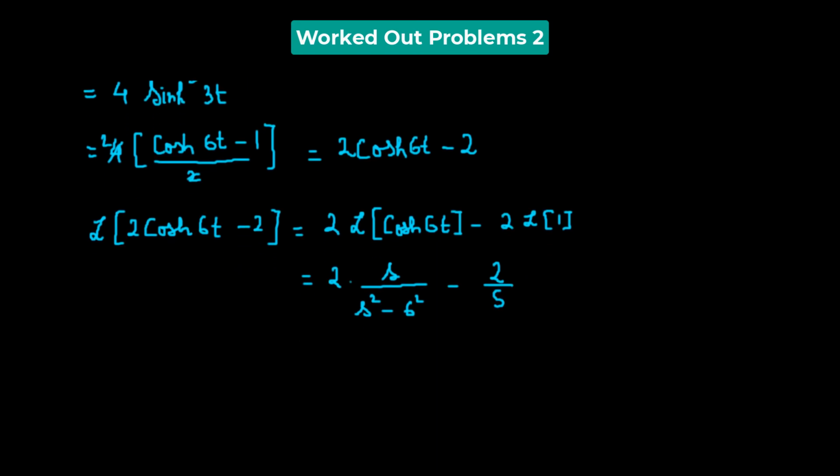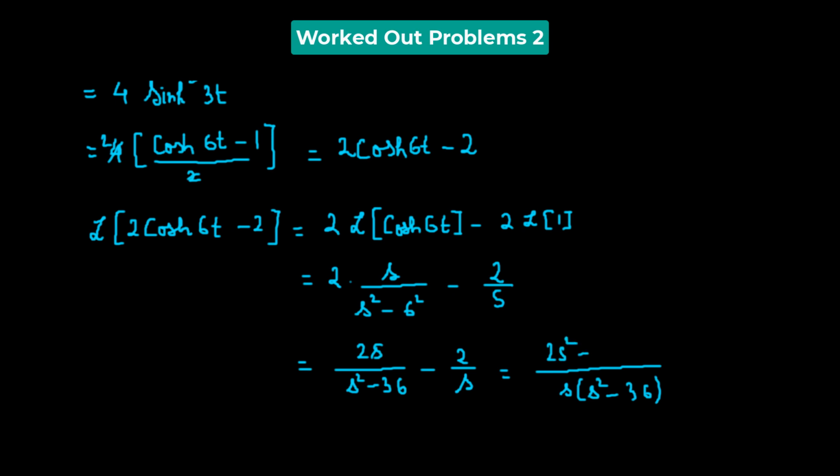So we have 2s divided by s squared minus 36 minus 2 over s. So we're combining the two fractions. So we have s times s squared minus 36 in the denominator, and in the numerator we have 2s squared minus 2s squared plus 72.